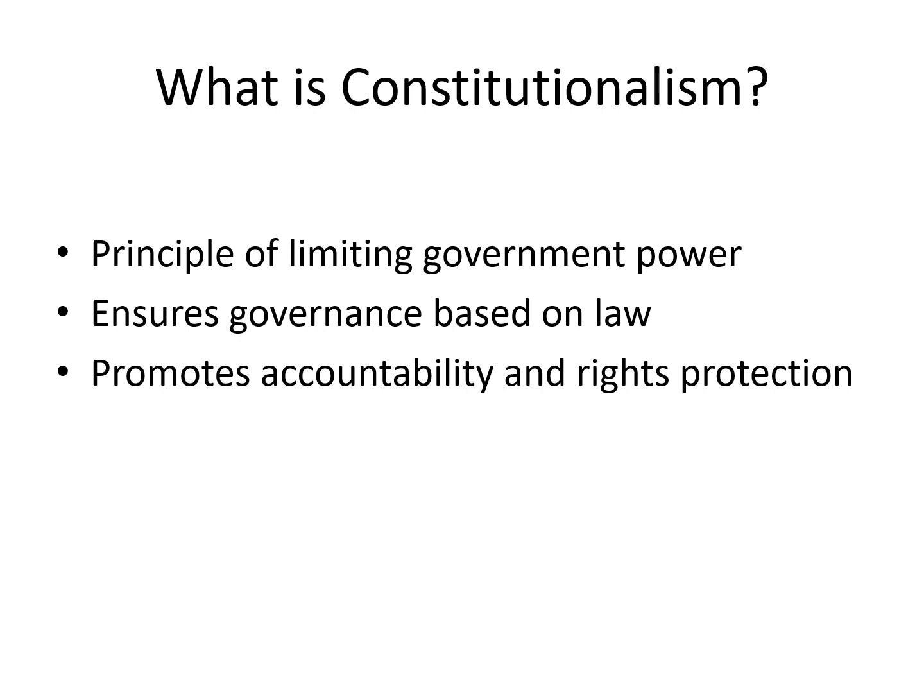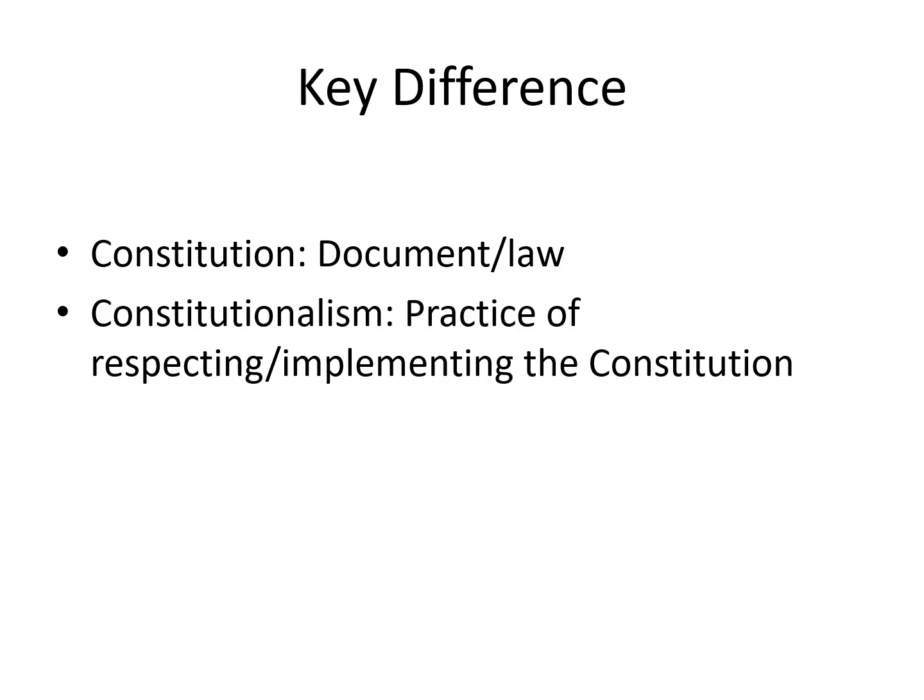Its purpose is to ensure rule of law, accountability, and protection of fundamental rights, preventing arbitrary or absolute power. Key difference: Constitution is the document or law, while constitutionalism is the idea or practice of respecting and upholding that constitution in governing.